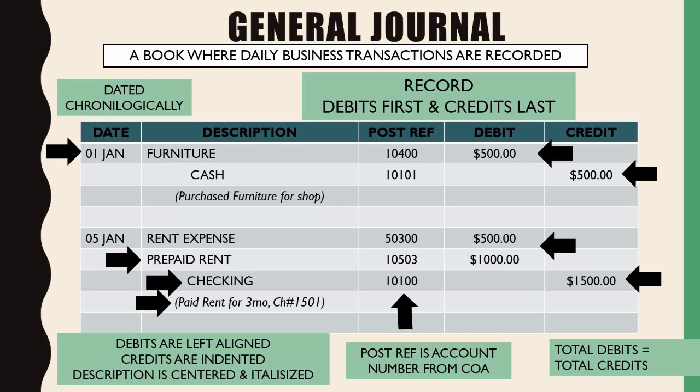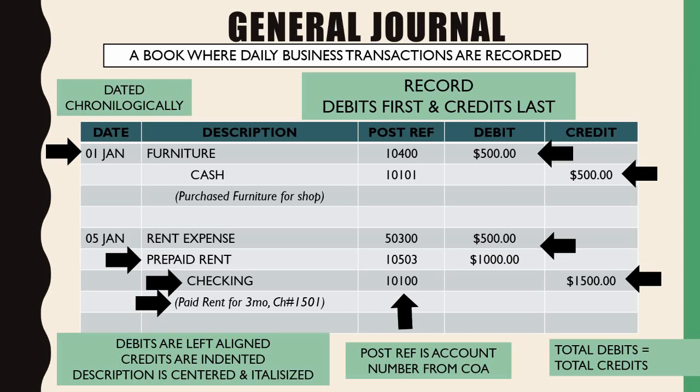Second thing that we're going to do here is that usually how a journal is written is going to be based on the accounts themselves. So under description, your first rule of thumb is you're going to be journalizing the exact account name, okay?